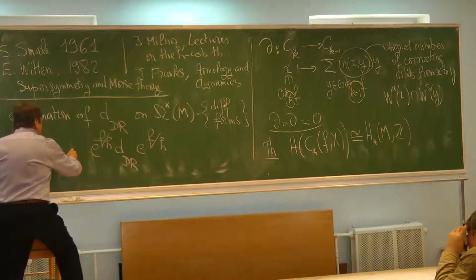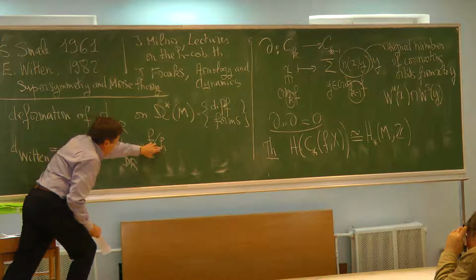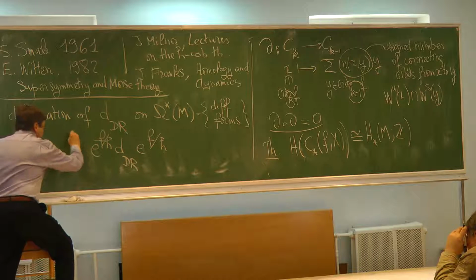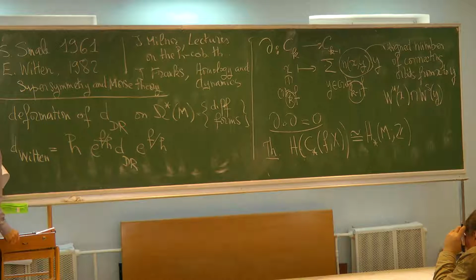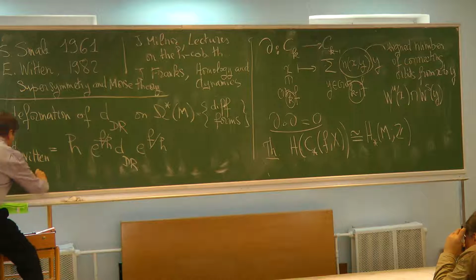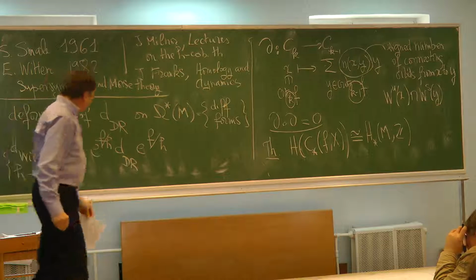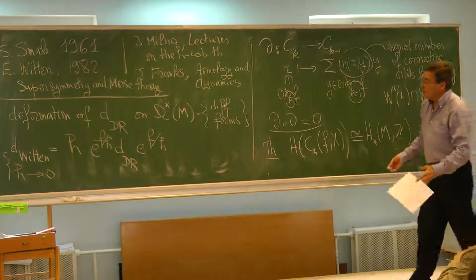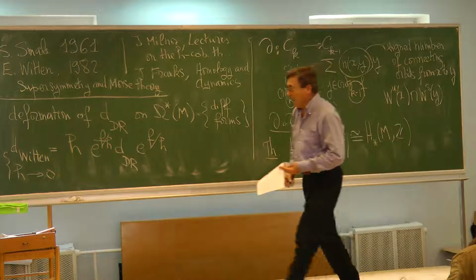And of course, because when differentiating some constant is at the denominator, you have to multiply by h in front. And you take h small and going to 0. And what happens? It happens something which is related with the Morse complex. I explain it a little bit.